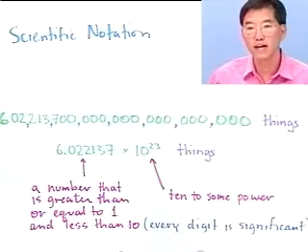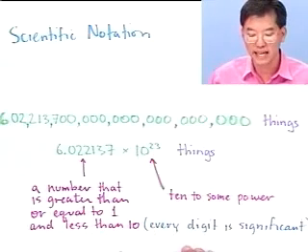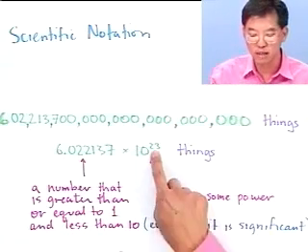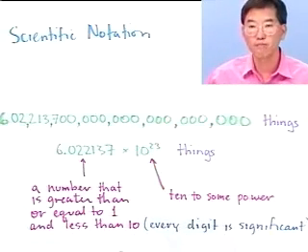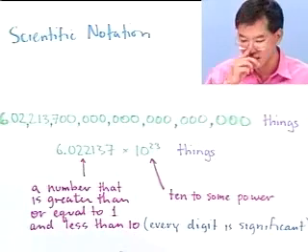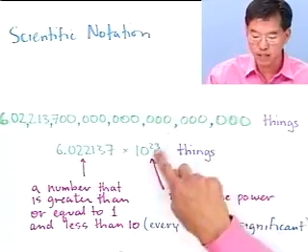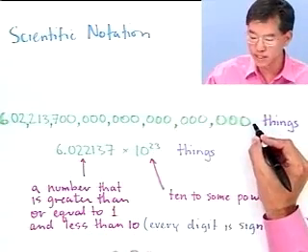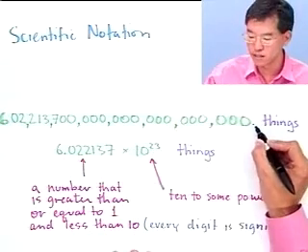The way to remember whether this exponent should be positive or negative is, first of all, big numbers have a positive exponent, and small numbers, numbers that are less than 1, have a negative exponent. To go from this number to this number, recognize that there's an implied decimal point at the end of the zeros here.